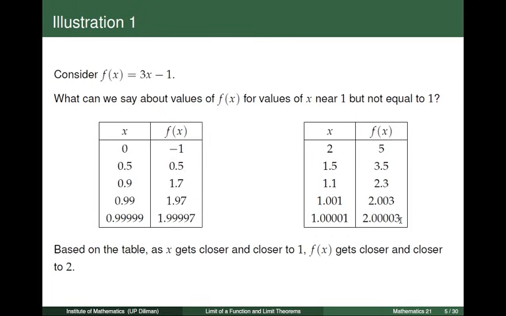What do you notice? When x tends to 1, or when x approaches the value 1, from the left side and from the right side, or for x values near 1 but less than 1, or near 1 but greater than 1, the value of the function f gets closer and closer to the number 2.